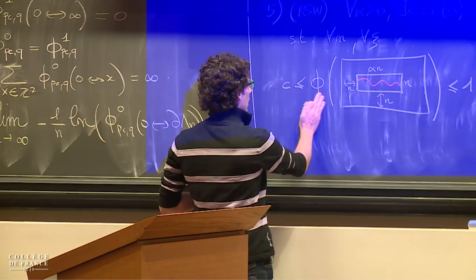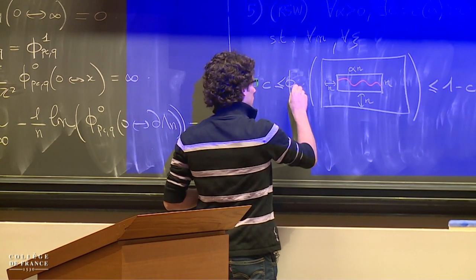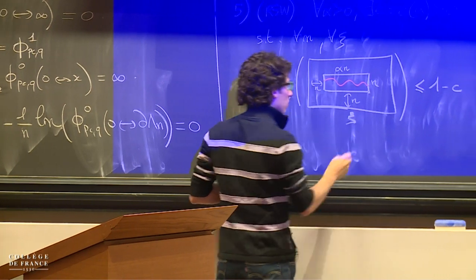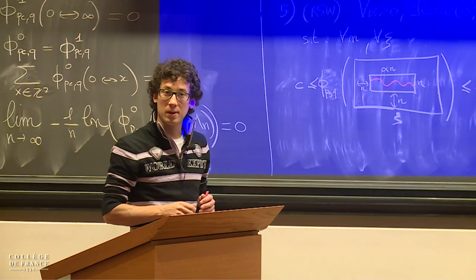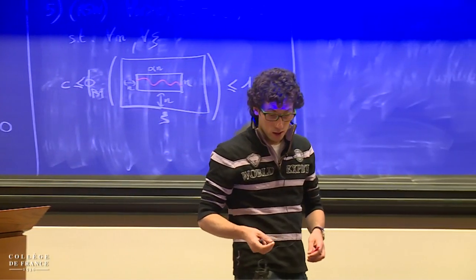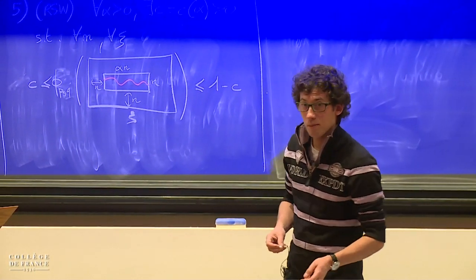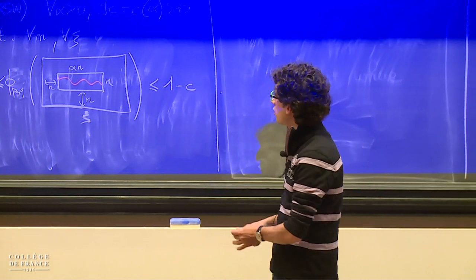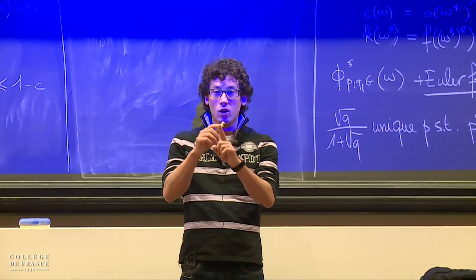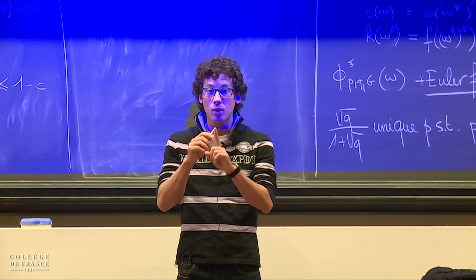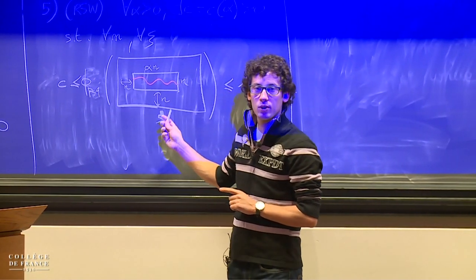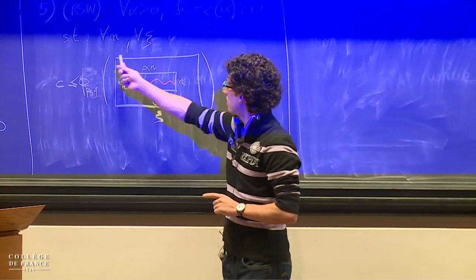But here what I want to add is really that, of course, I'm at p_c, q. I'm going to add that I put whatever boundary condition psi on this big box. Remember that the boundary condition a priori is changing a lot the measure inside my graph. So I don't want just to take the infinite volume measure and look if I cross a box or not. No, I want to look if I cross or not a box, knowing that I have some arbitrary boundary condition on the boundary here.